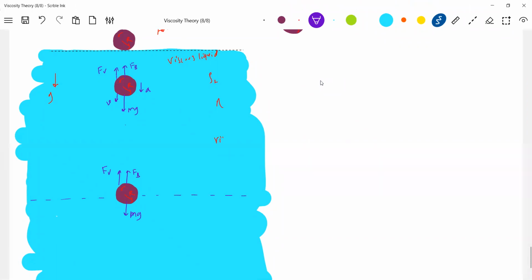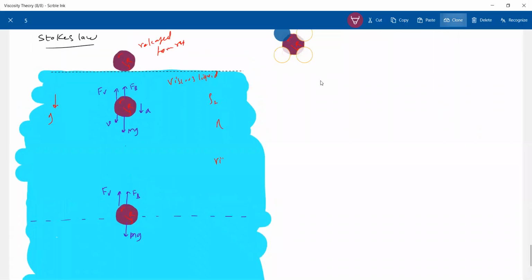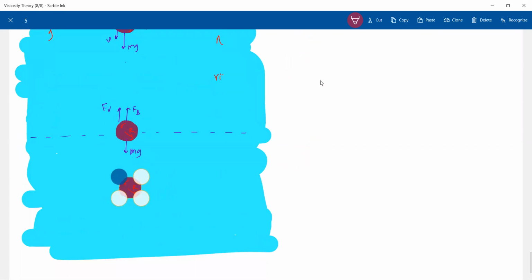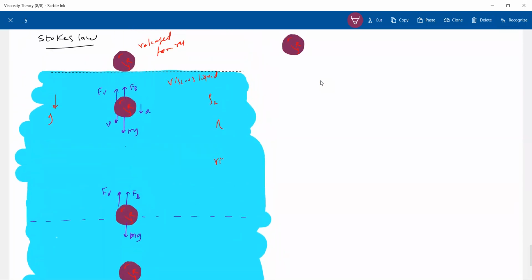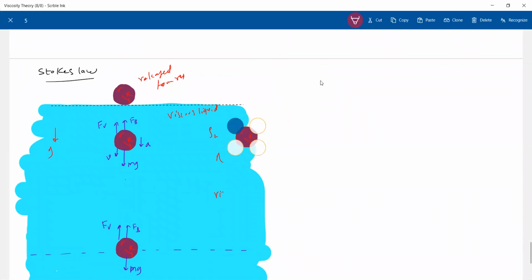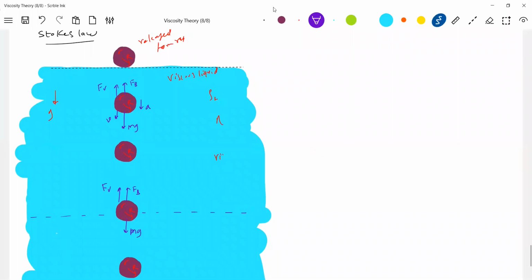At t equals 0, it was released here. It's simple mathematics, laws of motion.